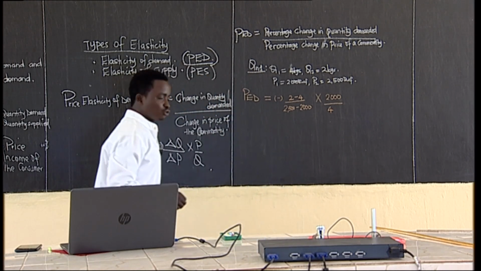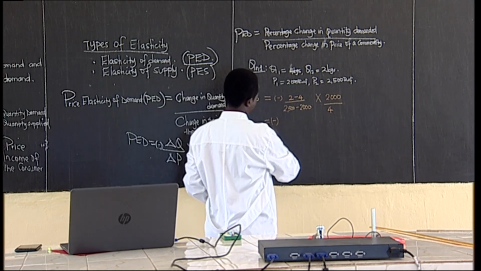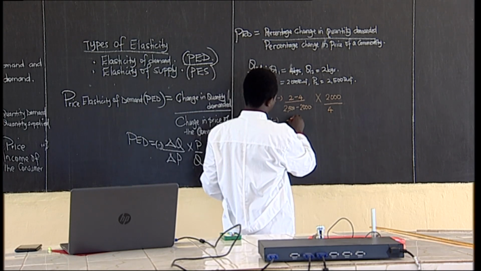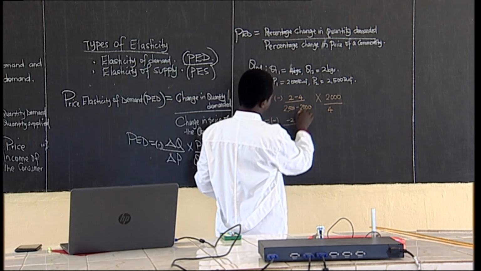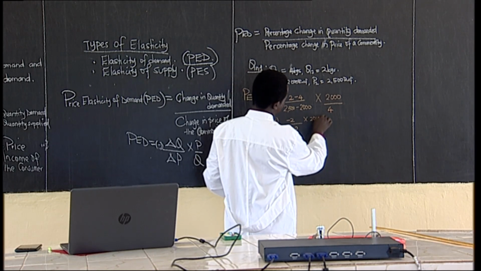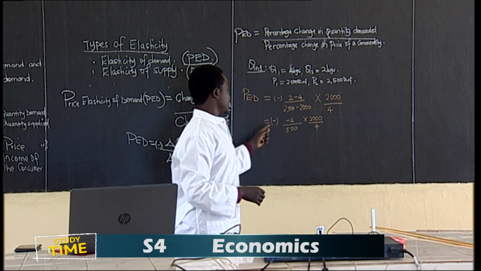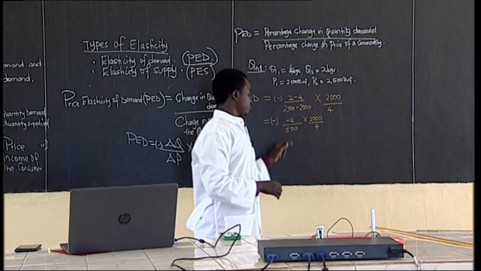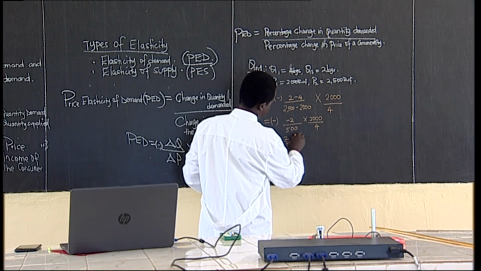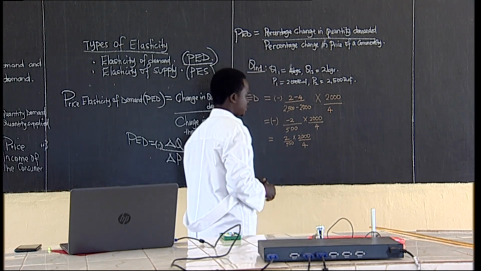Then from here, you simplify your answer. You have this negative, which you put in the formula. Then 2 minus 4, you remain with negative 2. Then 2,500 minus 2,000, you get 500. Then times 2,000 over 4. If we simplify, this negative already forms a positive with the other one. So 2 over 500 times 2,000 over 4.